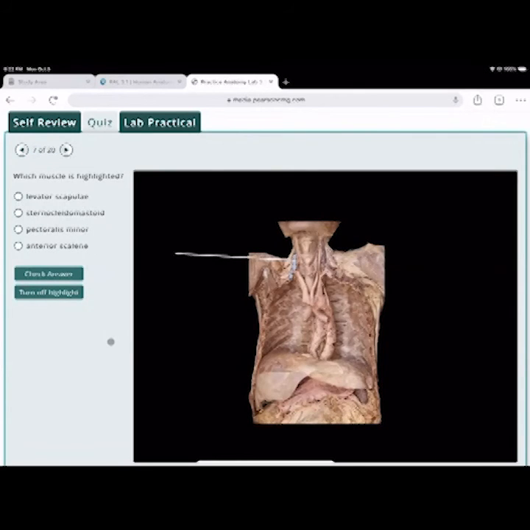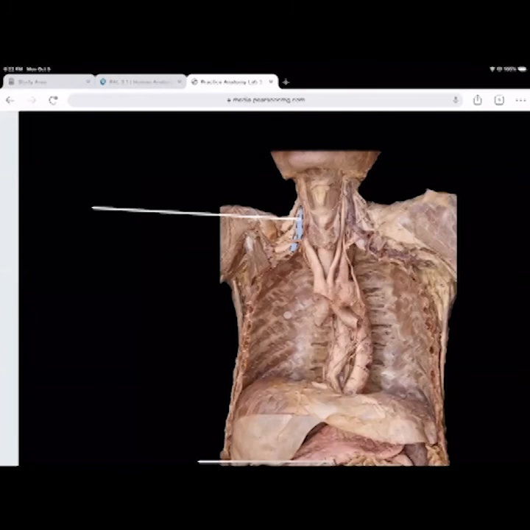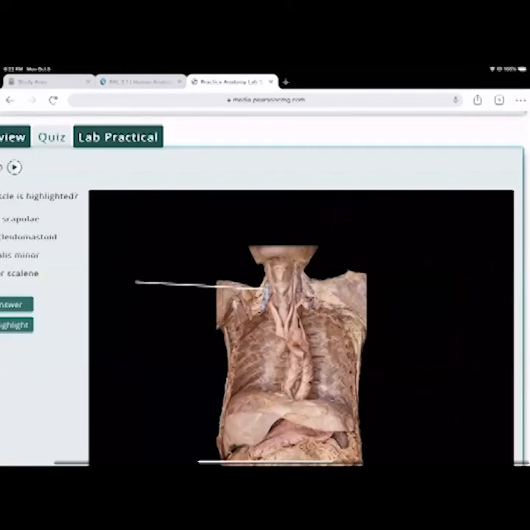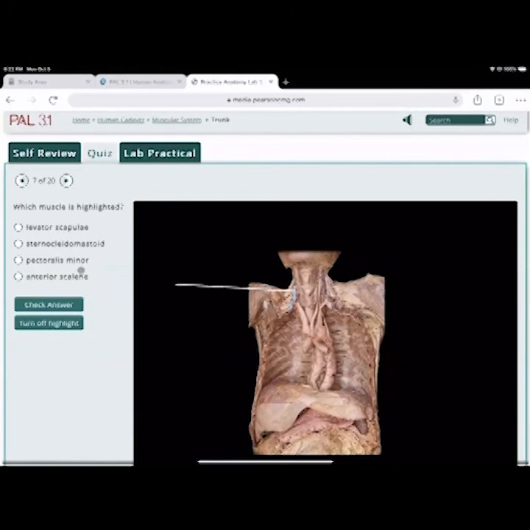Which muscle is highlighted here? Pectoralis minor. Pectoralis minor is on the outside of the. Yeah, pectoralis minor will be right here. This is coming up the neck. So sternocleidomastoid, anterior scalene.